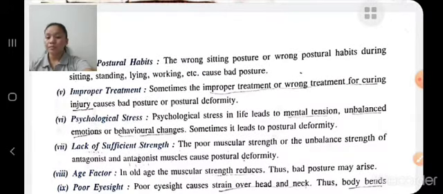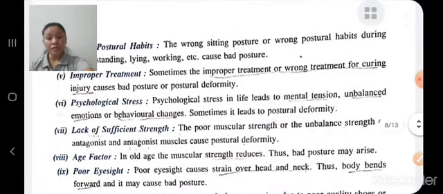Improper treatment: if the treatment of an injury is wrong or improper, then it may lead to bad posture. Psychological stress: if a player takes psychological stress or tension, then it also affects his posture.